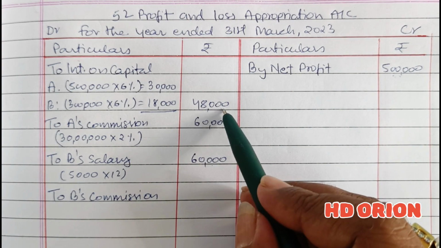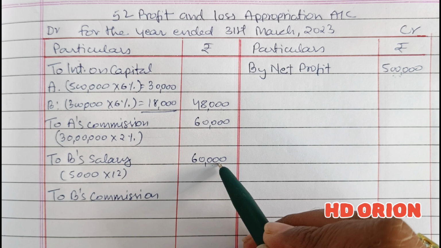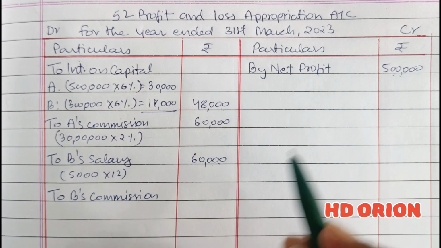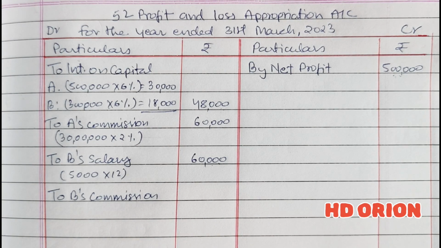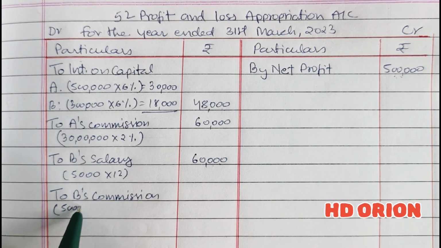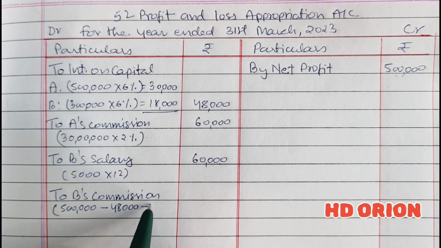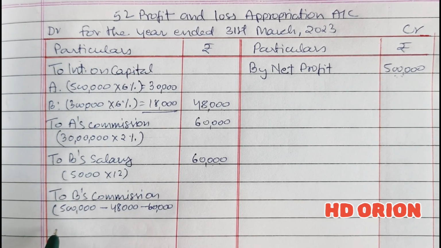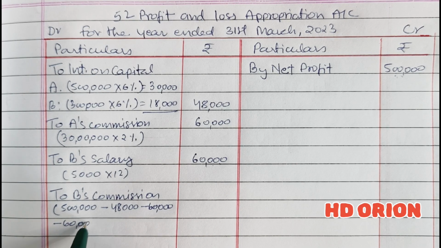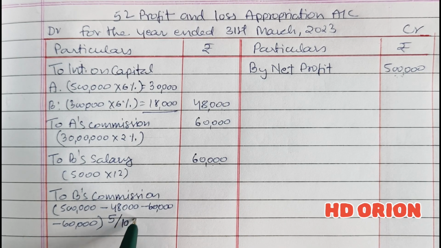So 5 lakh minus 48,000 minus 60,000 minus 60,000, we will get rupees 3,32,000, and then we have to multiply it by 5 divided by 105. Fine. So let us calculate this. 5 lakh minus 48,000 minus 60,000 minus 60,000 multiplied by 5 divided by 105.